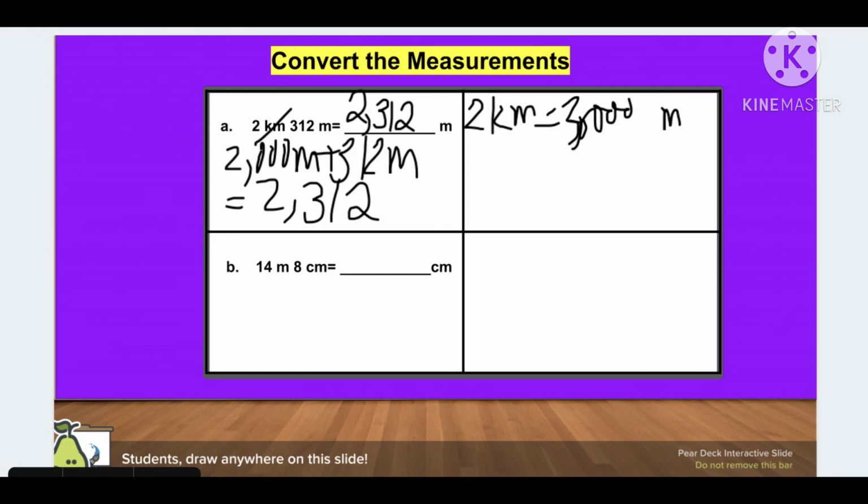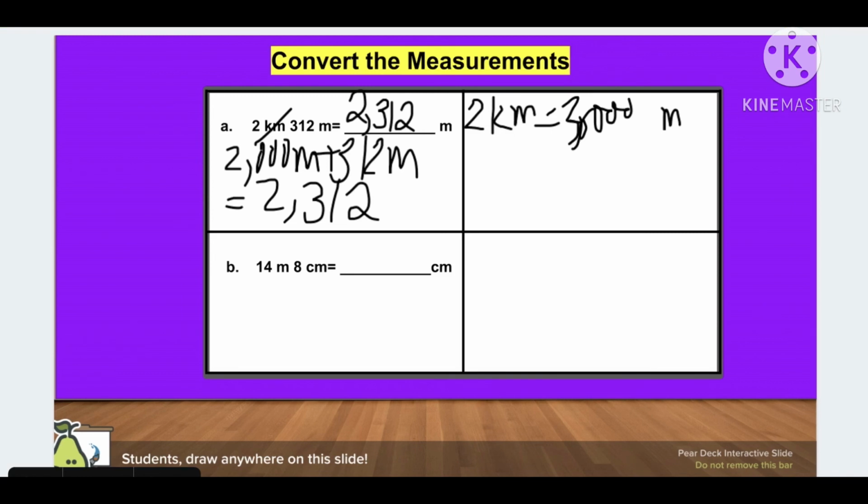How about this one? I actually want you guys to pause your computer, pause the video, and I want you to try this one on your own. Looking at your conversion chart, I want you to convert 14 meters to centimeters. And then I want you to add the same way we did together.